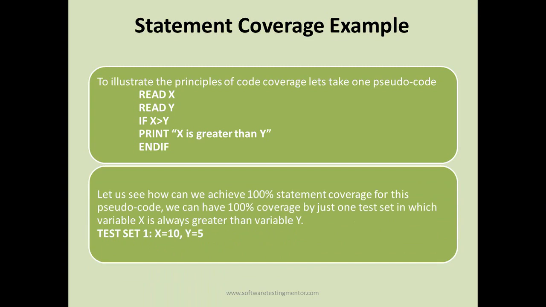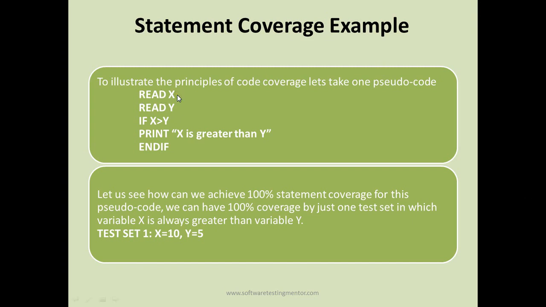In this case, let's see how we can achieve 100% statement coverage. In this pseudocode, you can achieve 100% statement coverage with just one test case. If you set x to 10 and y to 5, or any value of x greater than y, all the statements will get executed.